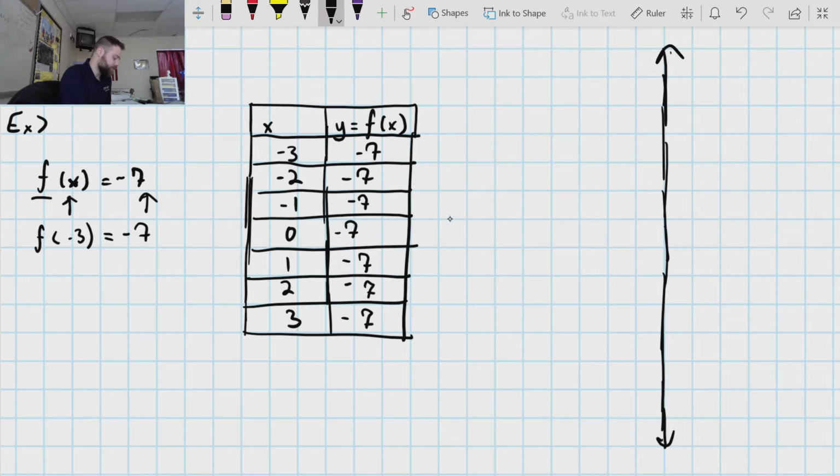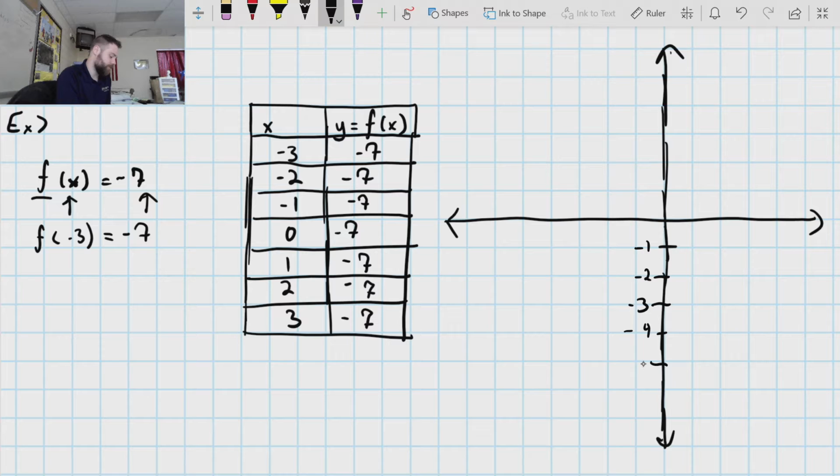So if I take a look here, here's my coordinate axis, and I'm just going to do this in indigo because it's my new favorite color. So negative 1, negative 2, negative 3, negative 4, negative 5, negative 6, and then negative 7. Okay?